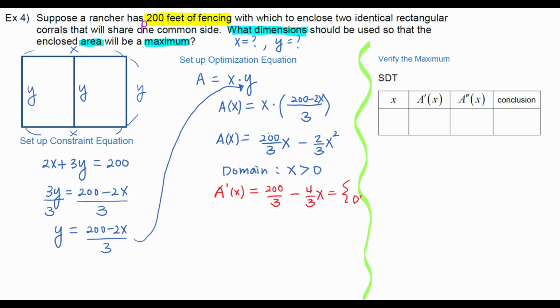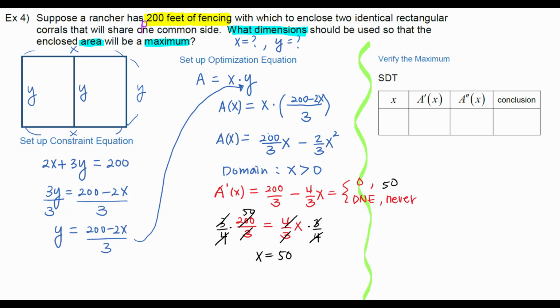So does not exist never happens. And the only way I'm going to get a critical number is if A prime of x is 0. Set that equal to 0. I get 200 over 3 equals 4/3 x. You can multiply both sides by the reciprocal of 4/3, which is 3/4. So then x has to be 50. If x is equal to 50, my A prime is 0.